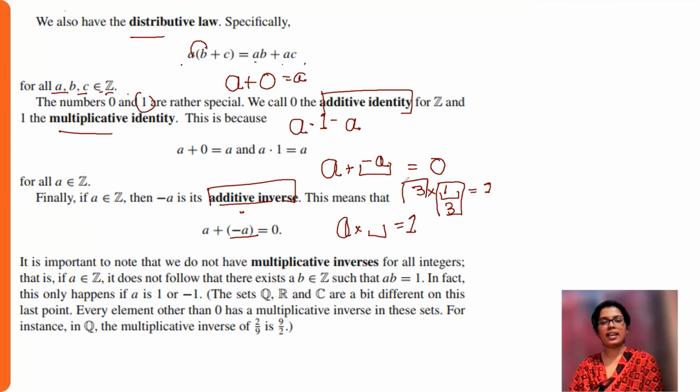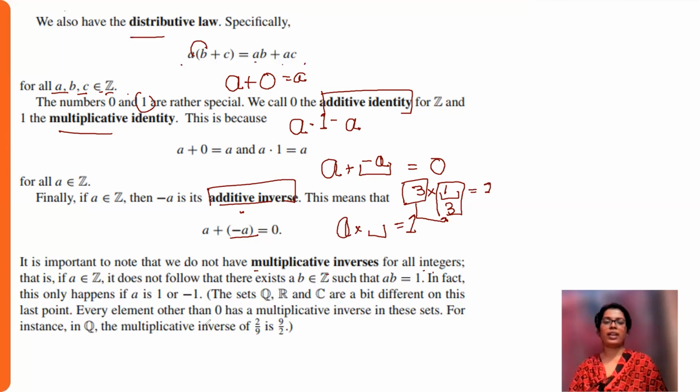So we can say that the number 3 does not have a multiplicative inverse. So we don't have a multiplicative inverse for all integers. We may get one for a few integers, but not for all integers.